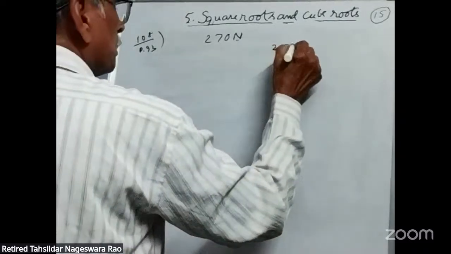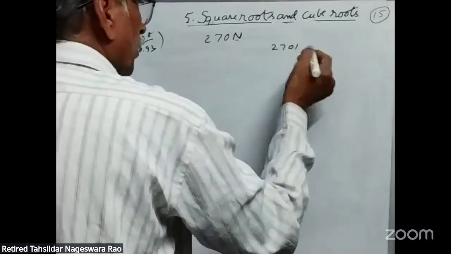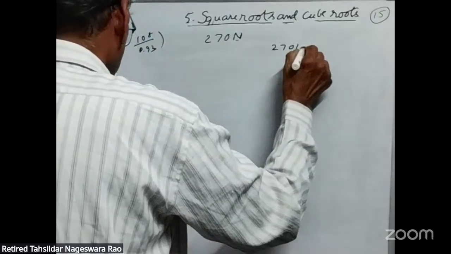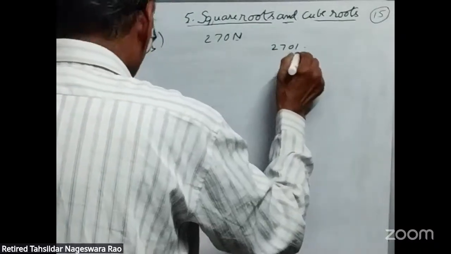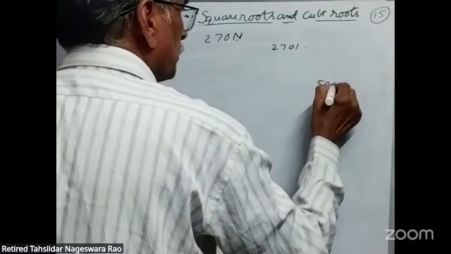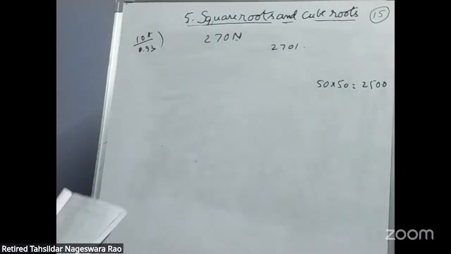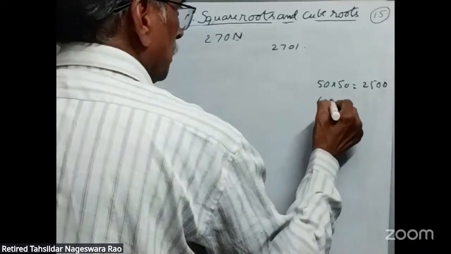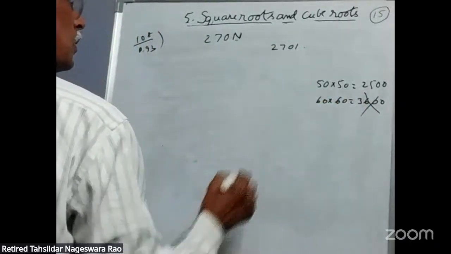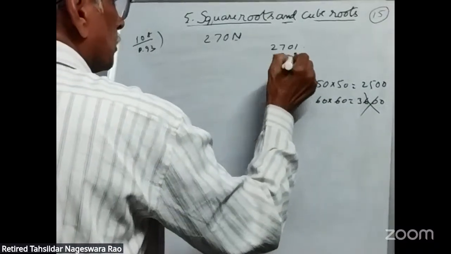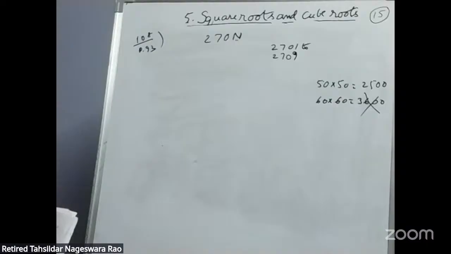Let us see how much the square root will be. 50 square is 2500, and 60 square is 3600, so no possibility there. Only between 2701 and 2709.